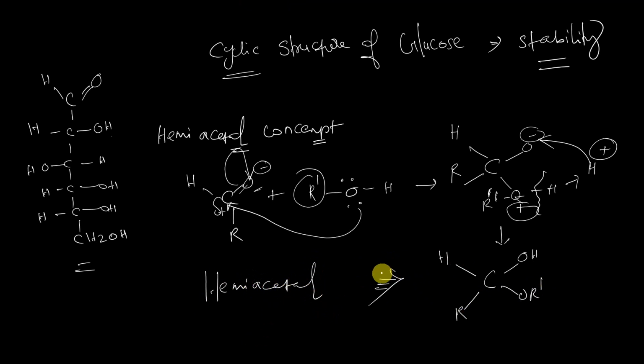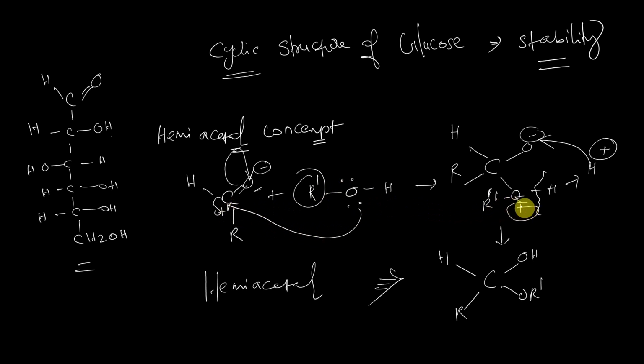Let me tell you one more time. When the oxygen donates a lone pair of electrons to the carbonyl carbon, the double bonded oxygen pulls away its electrons, so it acquires a negative charge, and this oxygen acquires a positive charge. That is, the alcoholic oxygen acquires a positive charge because it donates its pair of electrons to the carbonyl carbon.